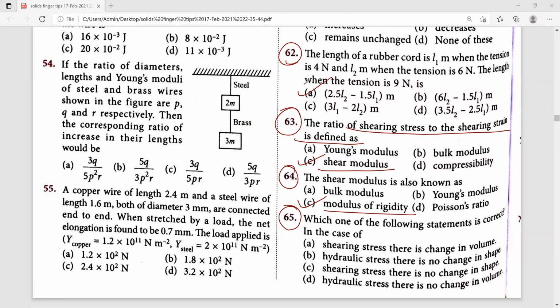In case of hydraulic stress, there is a change in volume without any change in shape. Therefore, B is the right answer. Got this one?